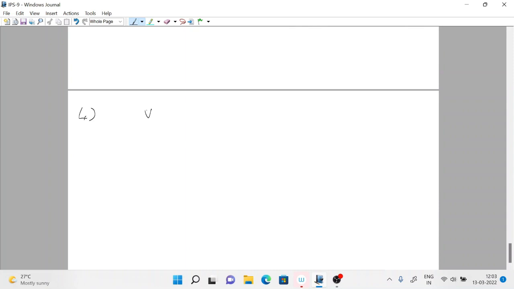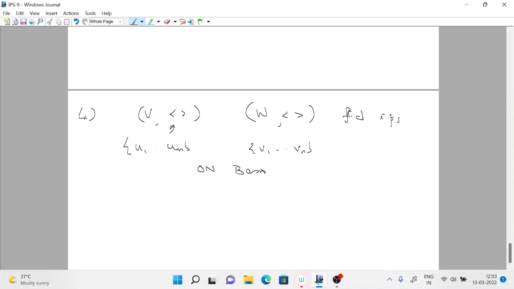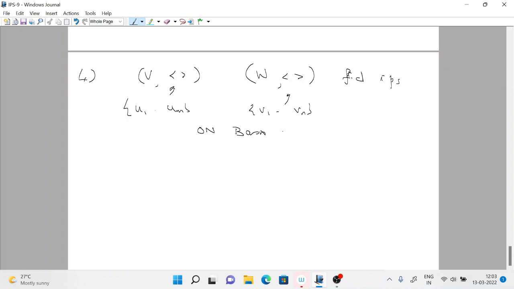Let us assume these are finite dimensional inner product spaces. Let u1 to um and v1 to vn be orthonormal bases. This is an orthonormal basis for this, this is an orthonormal basis for this. Right? This is m-dimensional, this is n-dimensional.